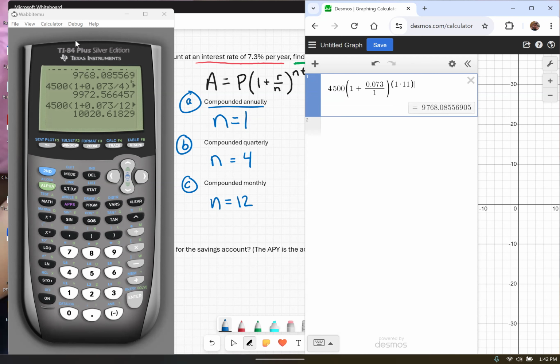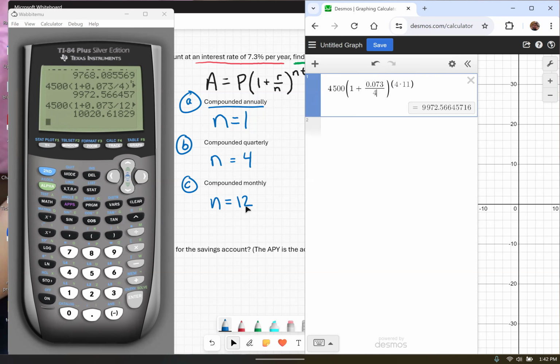And if you look over to my graphing calculator, that's the same 9768.0855. It's just showing a couple more decimal places, but if we round to the nearest penny, we get the same number. It's easy to change these ones to a 4. I'm just going to use my mouse to select the 1, make that a 4, select this one, make it a 4. And there's my second answer, compounded quarterly.